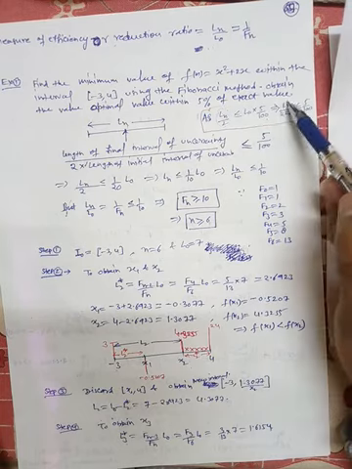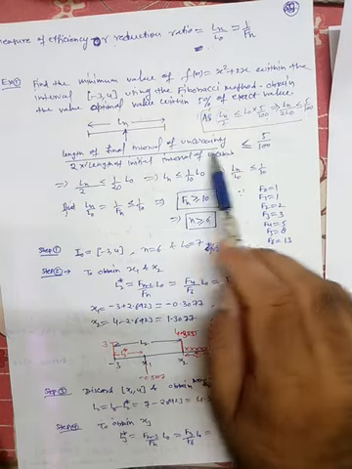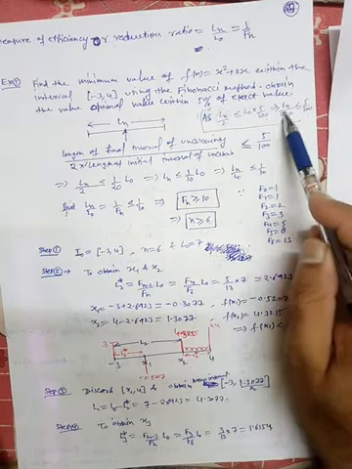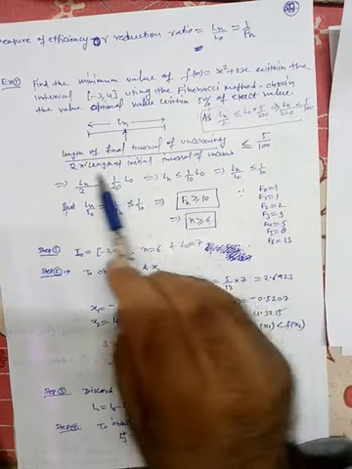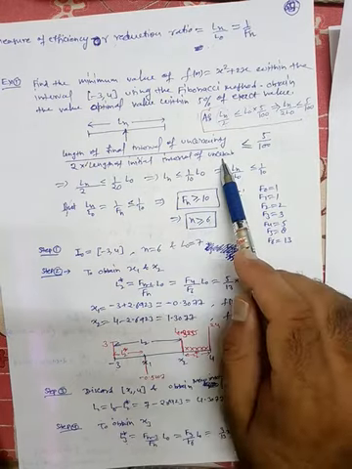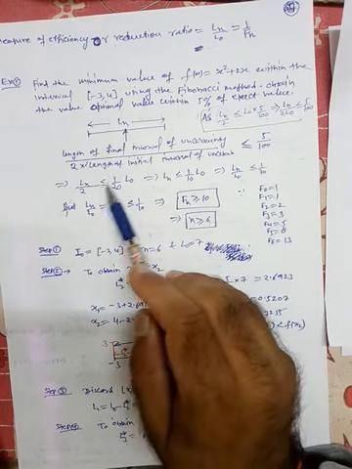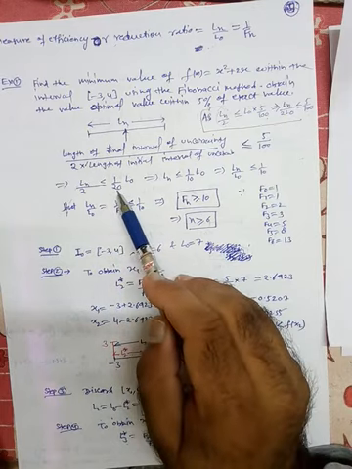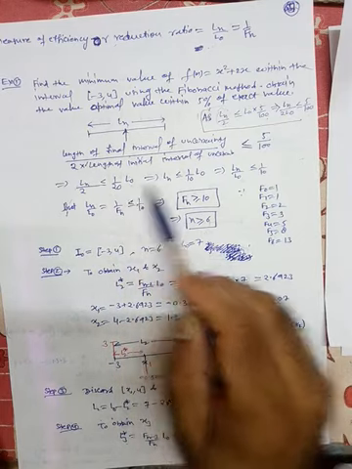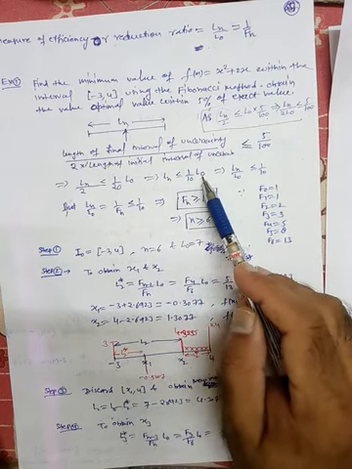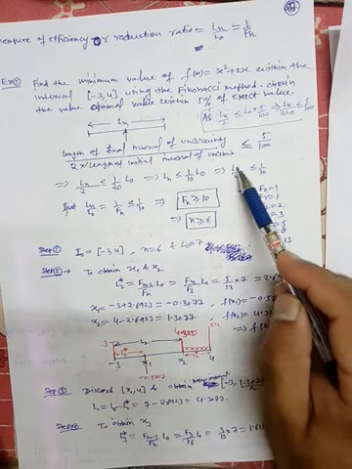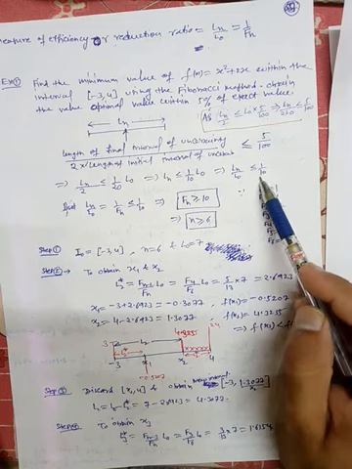Fine. So Ln is the length of the final interval of uncertainty, divided by 2 into L naught, where L naught is the length of the initial interval of uncertainty, less than or equal to 5 by 100. So Ln by 2 is less than or equal to 1 by 20 L naught. So Ln is less than or equal to 1 by 10 L naught. So Ln by L naught is less than or equal to 1 by 10.